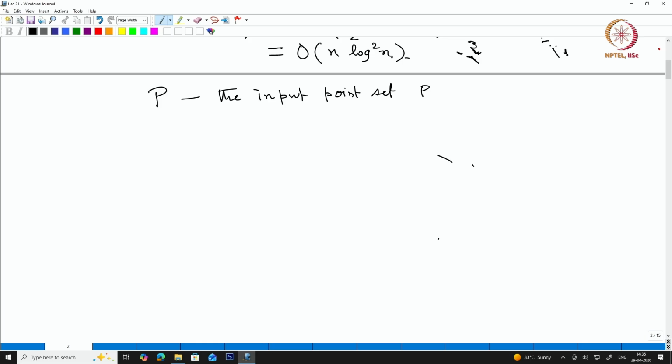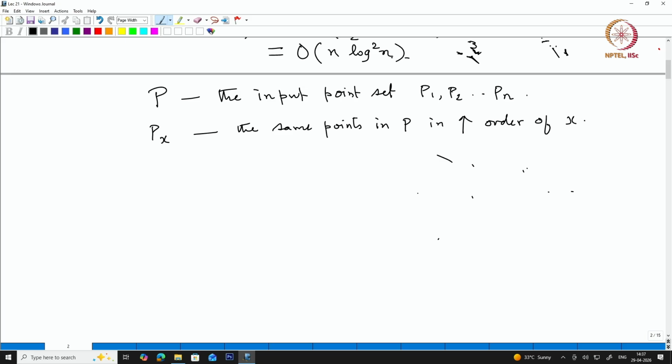So, you have P1, P2, Pn. Px is the same points in P, in increasing order of x coordinate values.